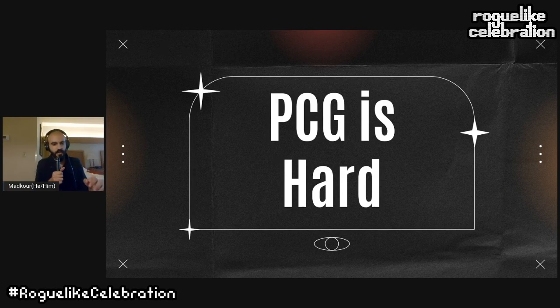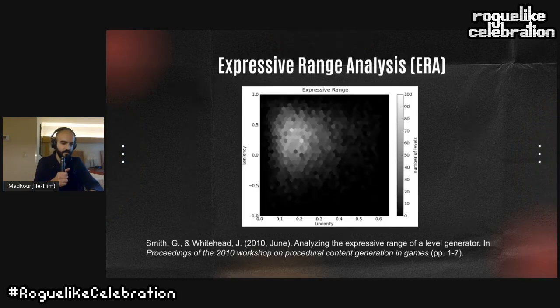And to that end, expressive range analysis was formed. As far as I'm aware, this is the first time it was visible, at least in academic circles. It was this paper by Smith and Whitehead. And the idea is, if you have a generator, in this case, they were working with Mario level generators, and you want to see how well it's doing, have it spit out a bunch of things.